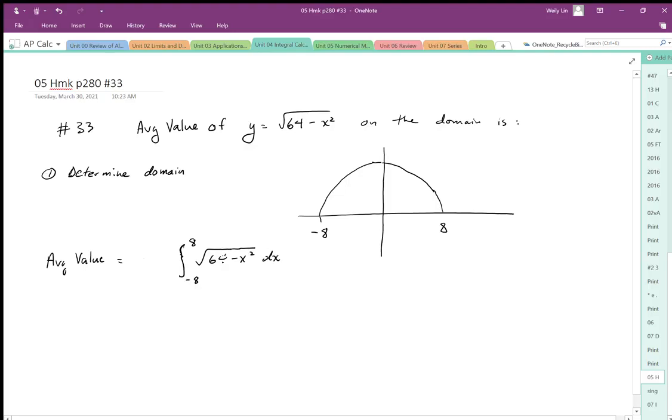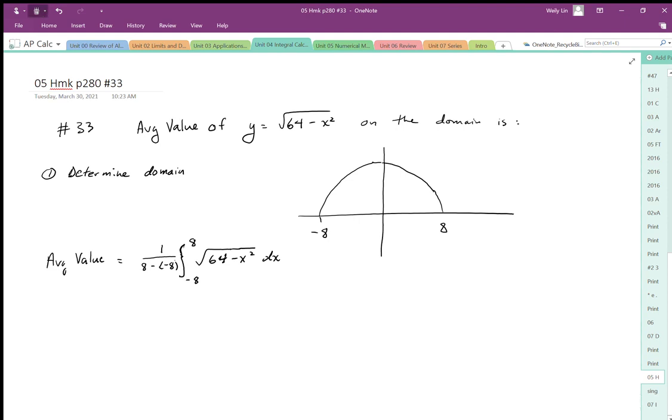Okay, so there's our integral. That's going to be the area under the curve, and we have to average that out over the interval. So in this case, it's going to be 8 minus -8, or an interval width of 16.